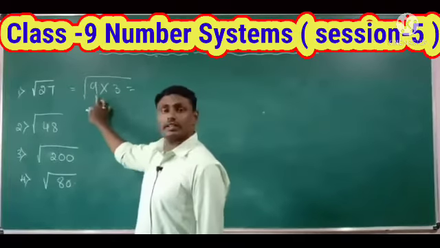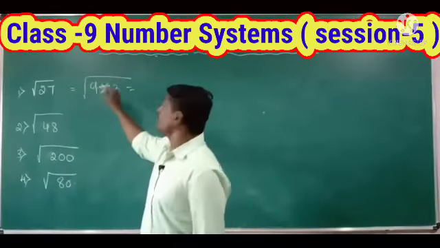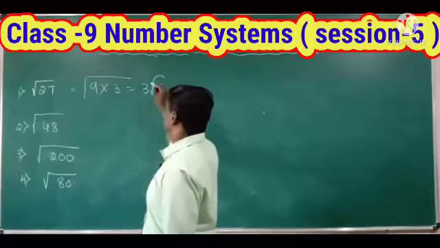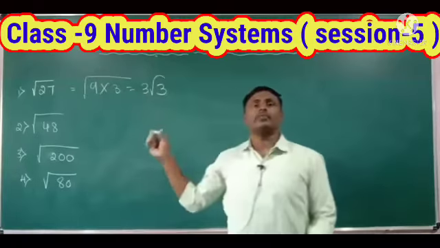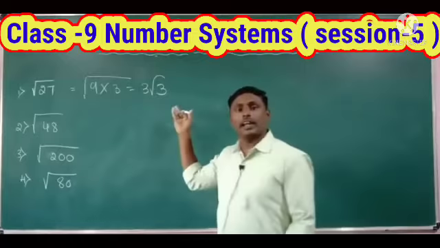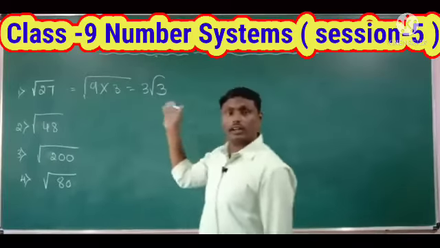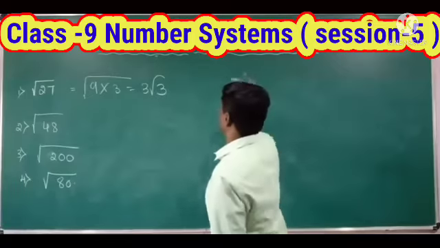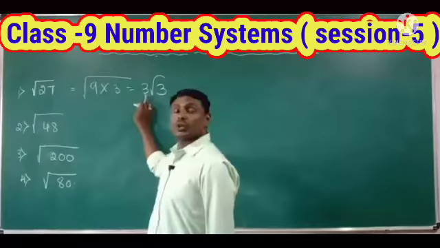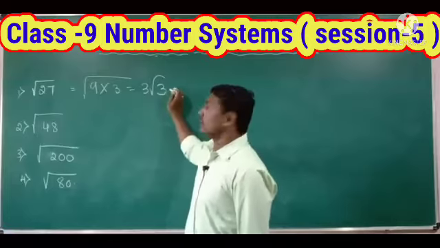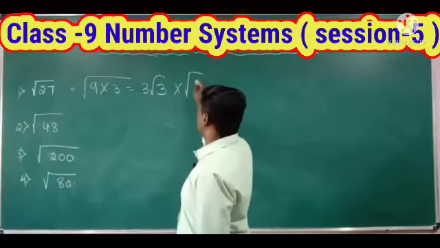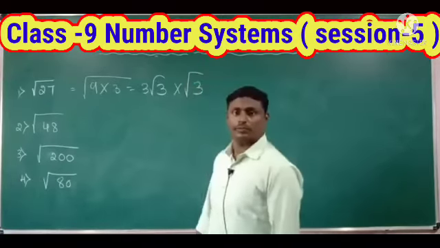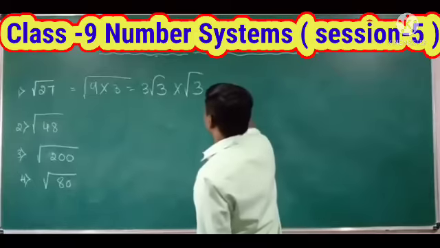Here 9 is a perfect square. The square root of 9 is 3, so we get 3 root 3. It is still an irrational number, but we need to convert it to a rational number. What do we need to multiply? One more root 3.